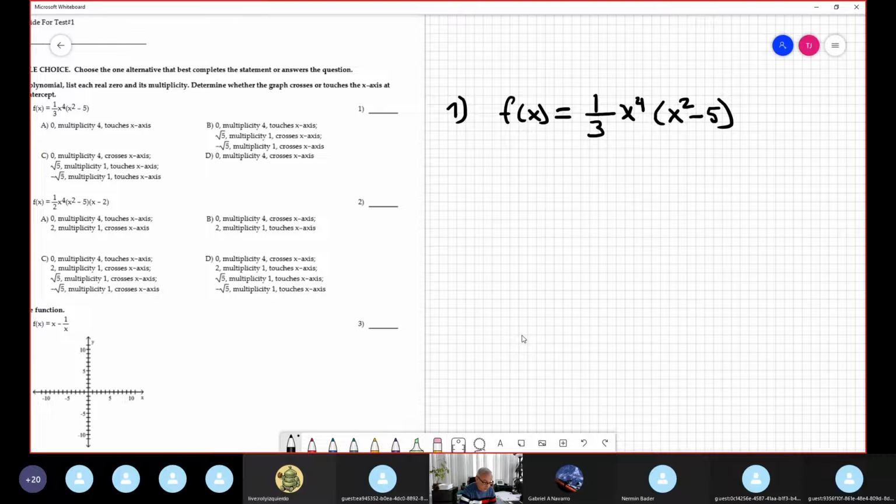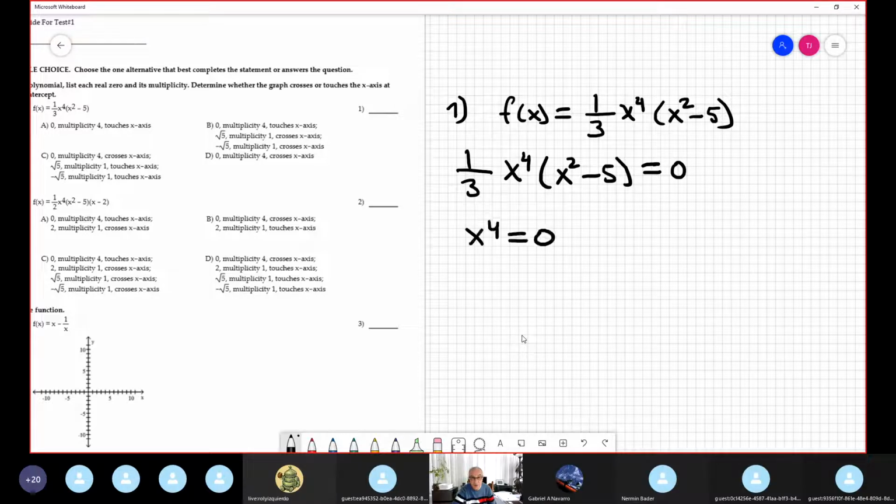I need to determine the zeros of this polynomial. Super easy, because you set it equal to 0: 1/3 x to the 4th power times (x squared minus 5) equal to 0. The only way it can be 0 is if x to the 4th power equals 0, or x to the 2nd power minus 5 equals 0.